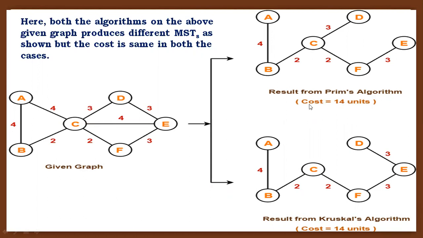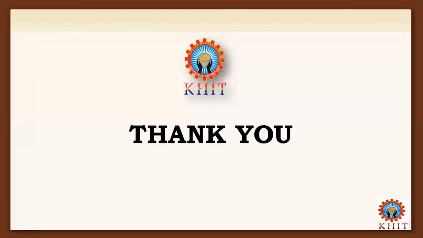If you apply Prim's algorithm and Kruskal's algorithm to the given well-connected graph, the result is 14 only. So hence, you will get the same answer when you apply Prim's and Kruskal's algorithm for calculating the minimum cost spanning tree. So in this way, we can find the minimum cost spanning tree. So thank you.